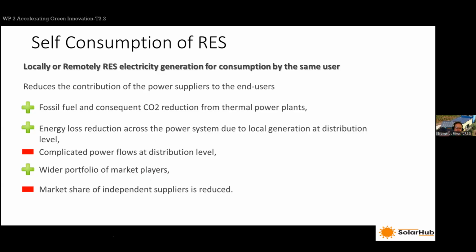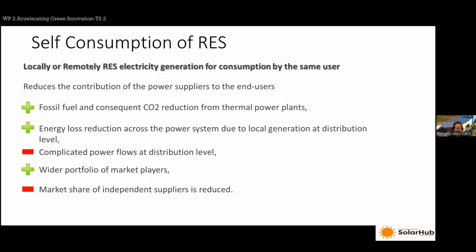It helps in reducing the contribution of the power suppliers, other market players, let's say, to the end users. In this respect, this is a game changer in terms of market, the adoption of this self-consumption scheme. And it has some benefits.